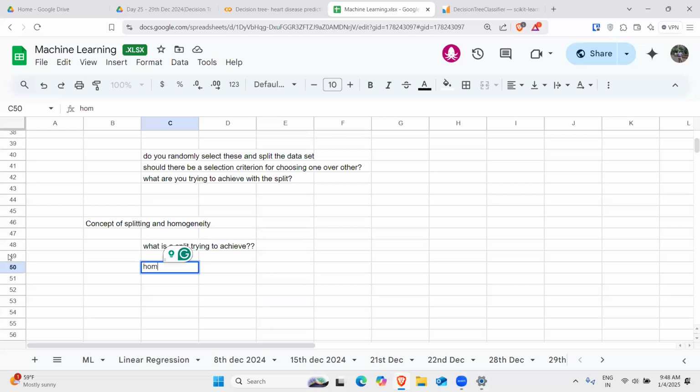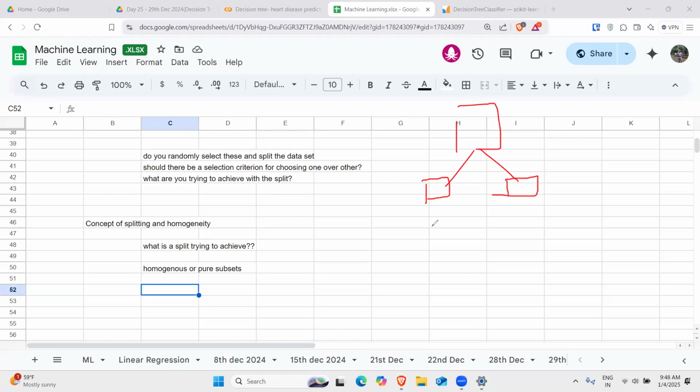So first is homogeneous or pure subsets, right? Homogeneous means it should have the same class. After splitting, you should be at a position where it is homogeneous, right? Just give me a minute, guys.